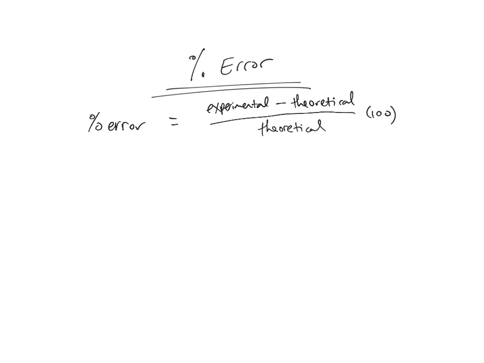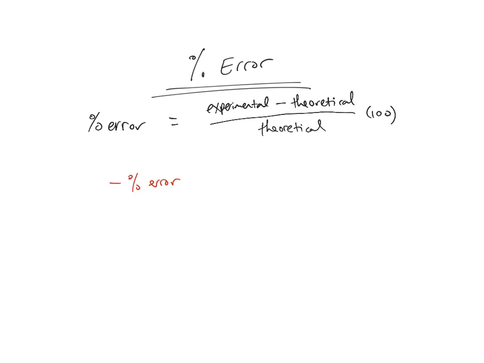I like having the positive or negative sign because I feel like if it's negative, that means that our experimental value is lower than the theoretical value. So if you eliminate those absolute value bars, just get rid of those, we would see that a negative percent error would mean that we have a smaller experimental value than our theoretical value, right?